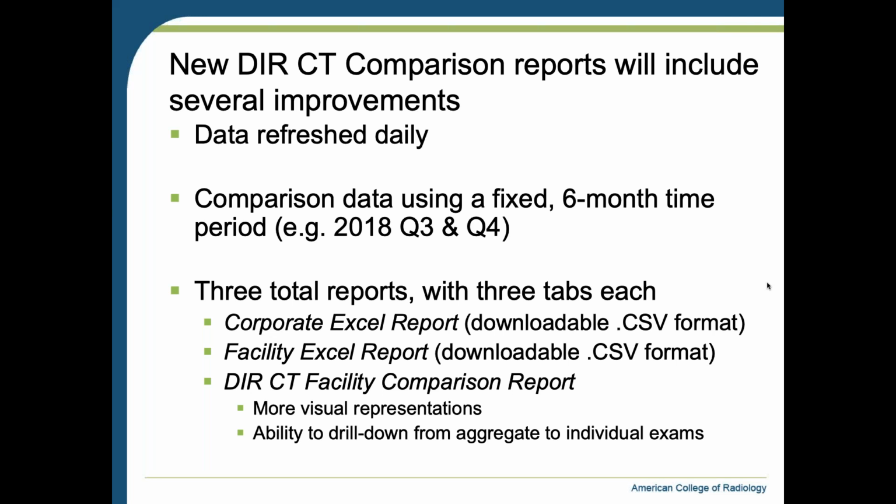Previously, each time you downloaded a different Excel report, you'd be seeing your facility's data and the registry's data for that same time period. Here, we're going to fix that point in time, and if you look at your data from 2016, you're going to be comparing it to 2018 quarters 3 and 4.